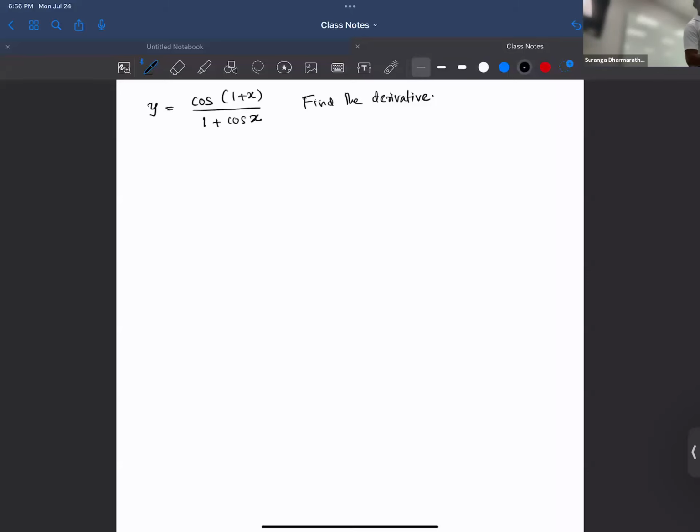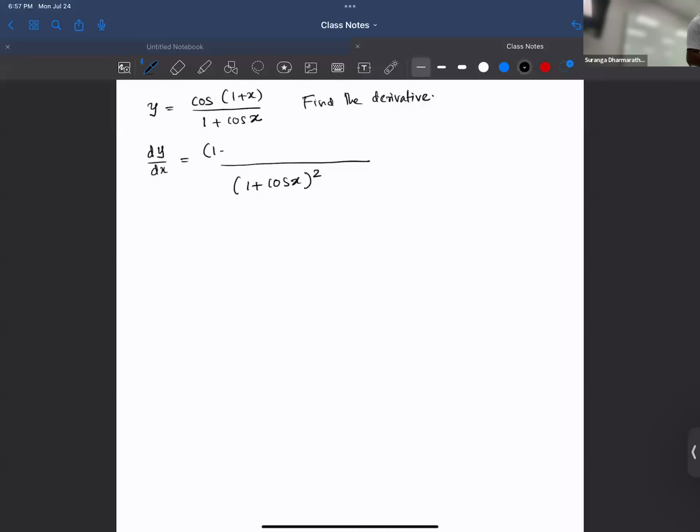So you do dy over dx, right? In derivative, you can write quotient rule like this, right? 1 plus cosine x squared, right? And then we derive the numerator first, right?